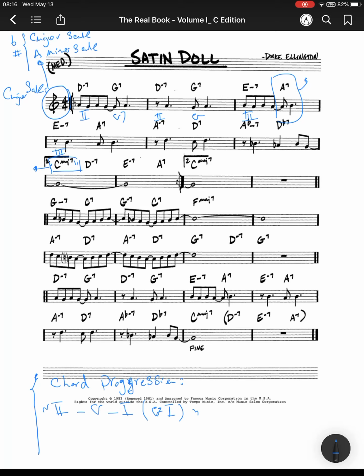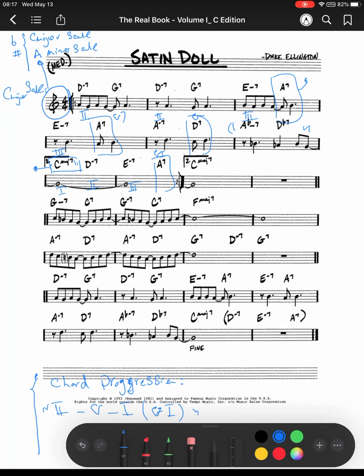And E minor 7 is again the third chord. A7, of course, we should analyze. A minor 7 is the sixth. D7 is another thing. We have A flat and D flat, and these are not tones in the C major scale. Again, we have C major as the first, D minor 7 as the second, E minor 7 as the third, and A7 we have to analyze.